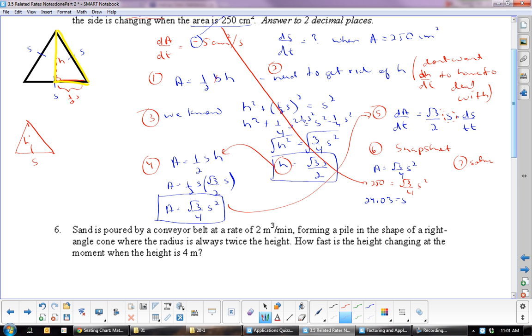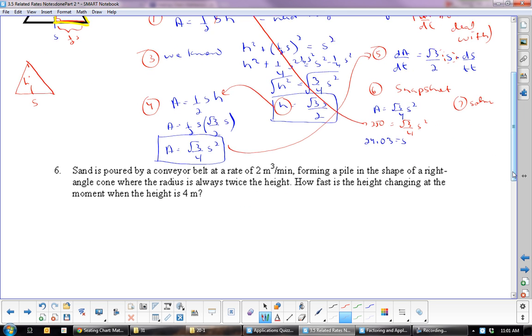So there's always two ways to do this. You can put all your numbers in and then solve. Some people find that easier, some people don't. To me, I like just dealing with the variables, but I'll do it by subbing it in first. So dA over dt.